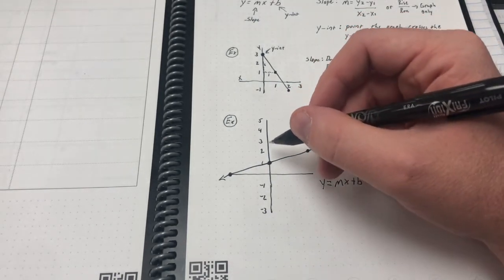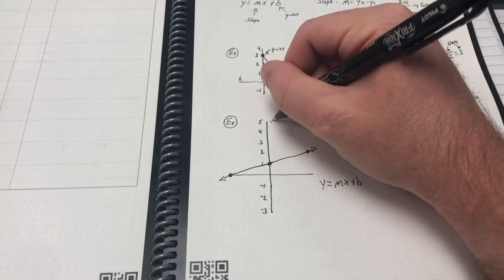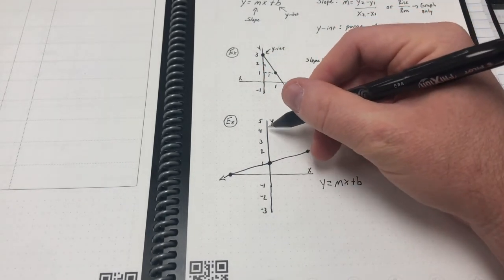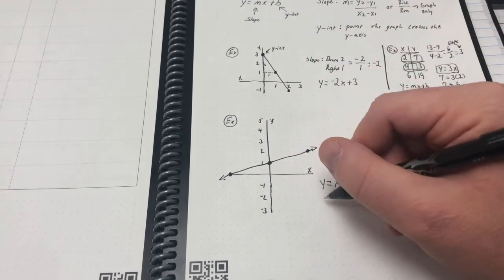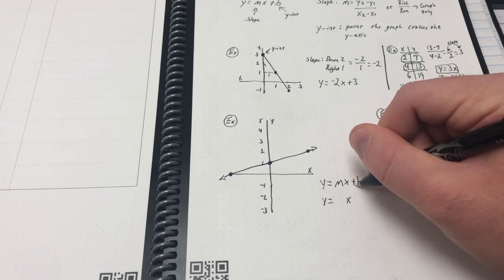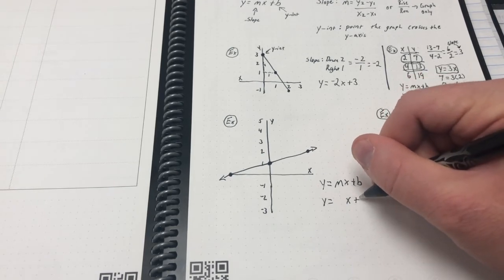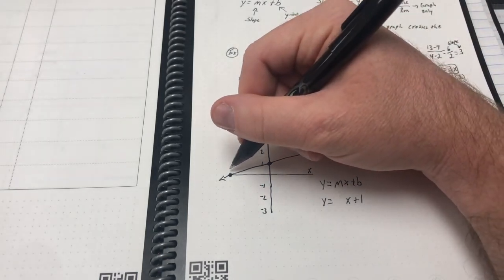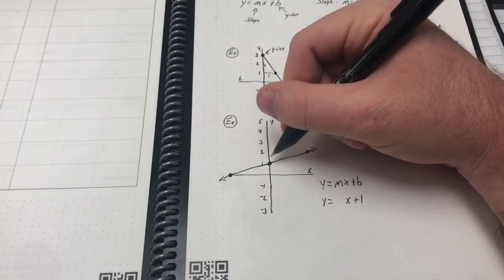When you come to the y, so remember this is your y-axis, down here is your x-axis. I come to the y and it crosses at 1, so I can bring down the x, and in place of this b, I want to put plus 1. To get my slope, I'm going to start at this point and go over to this point.